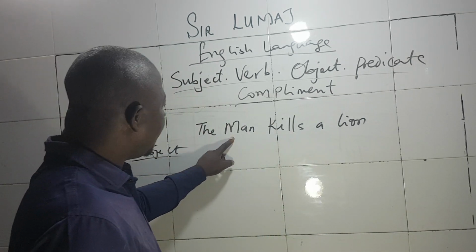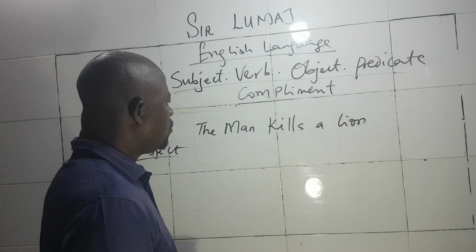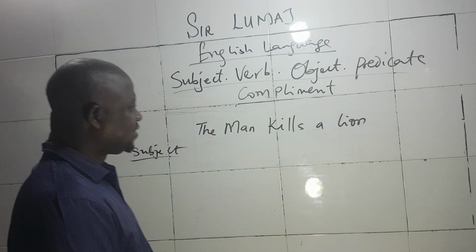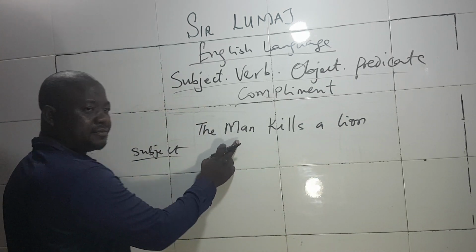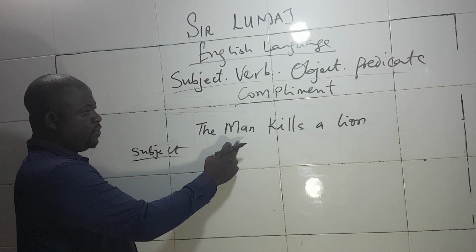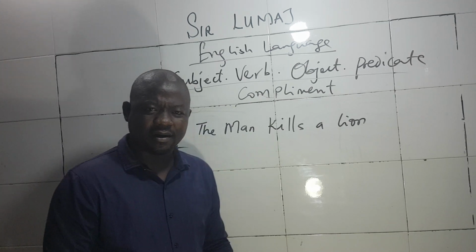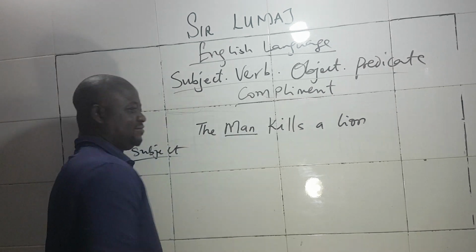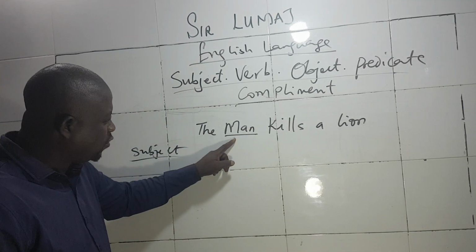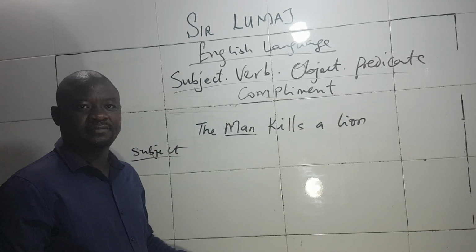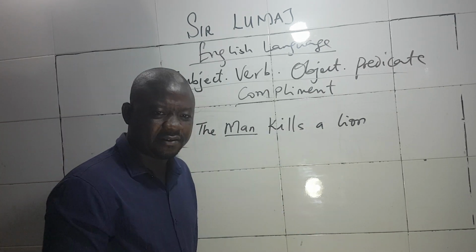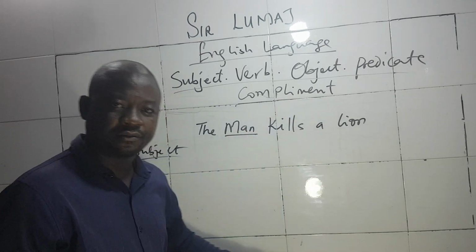Look at this. The man kills a lion. Who is performing action in this sentence? Is the man. So man is the what? The subject. Now, who is receiving the action being performed?